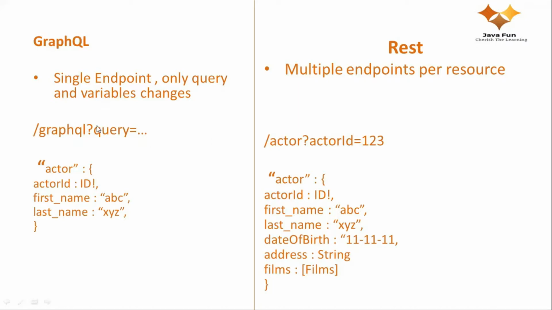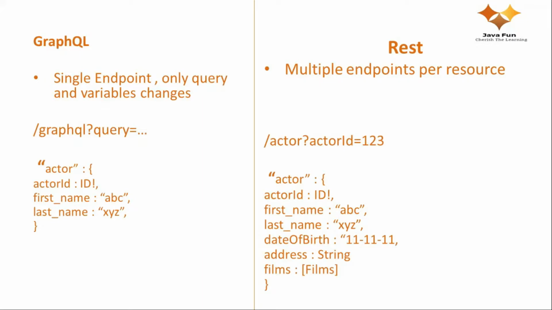See here on the left-hand side, slash GraphQL is getting query as a parameter. Every time you want to query a different resource, this query will be changing. If you want to make a query for some other resource, that will be a different query altogether, but all those will be routed via the single endpoint only.